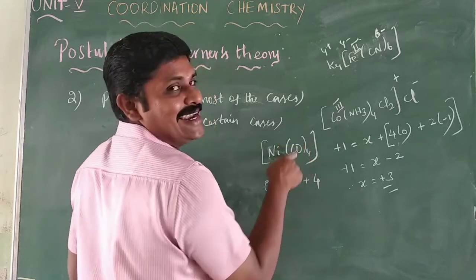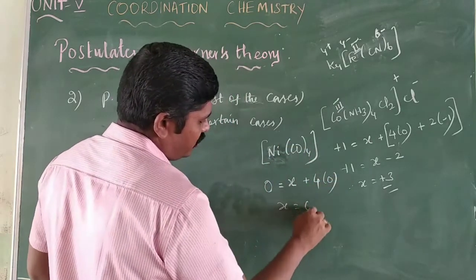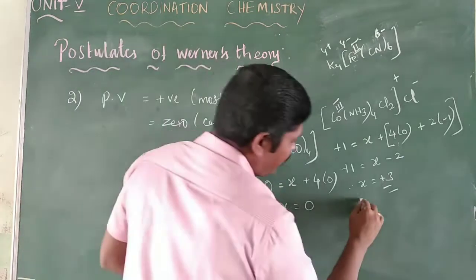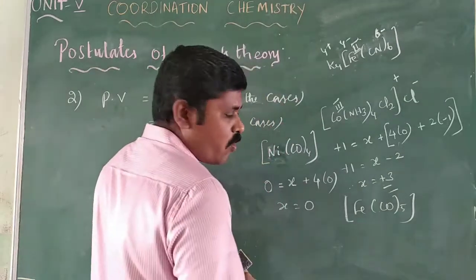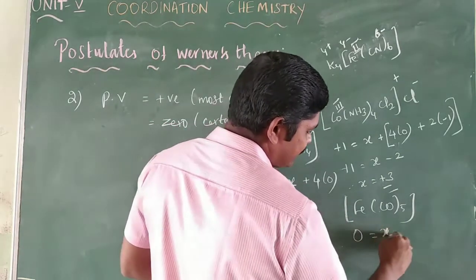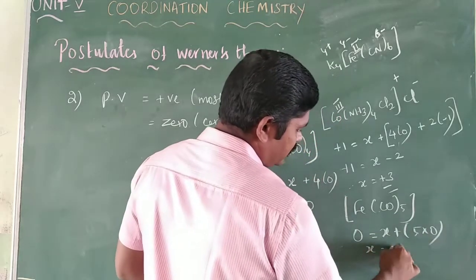The neutral ligand charge is 0, so X is equal to 0. And Fe(CO)5: X plus 5 into 0 is 0, so X is equal to 0.